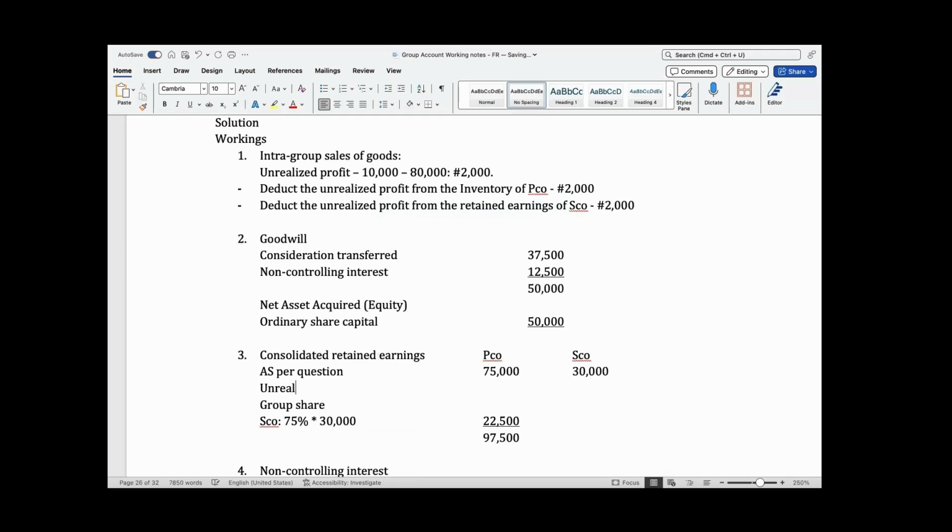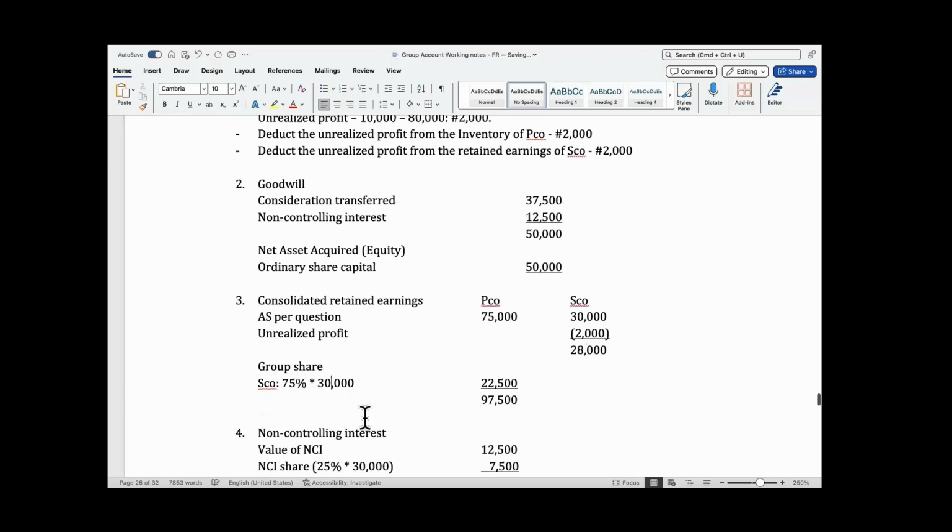So unrealized profits, that's from the last correction. We didn't remember to remove this 2,000. So that brings this one down to 28,000. That means what we are sharing. And I'm removing it from retained earnings of ESCO because it was ESCO that made the profits.